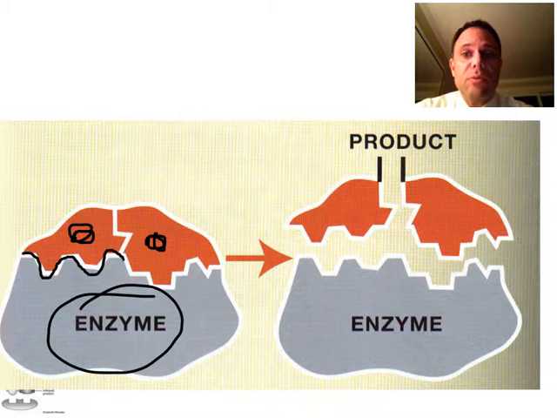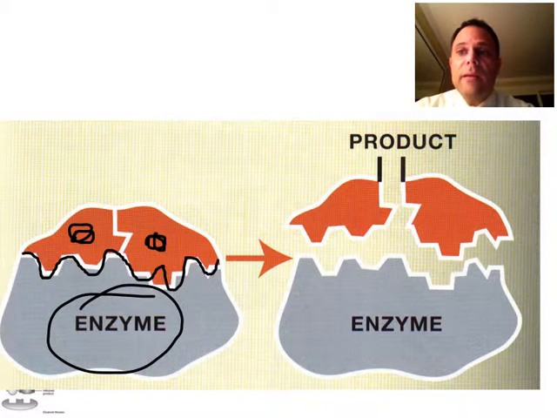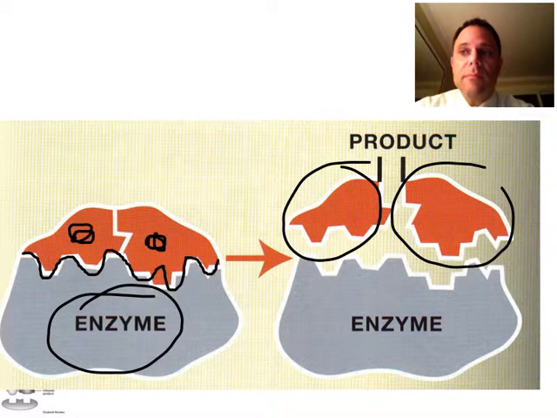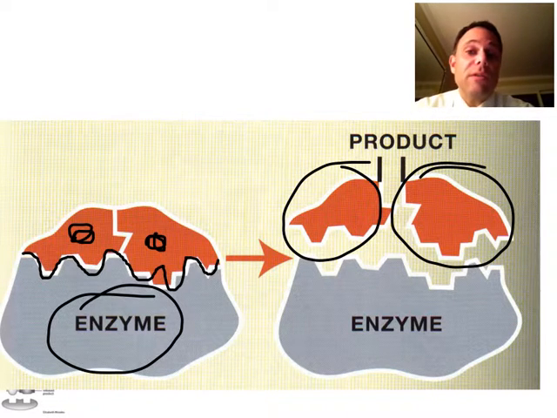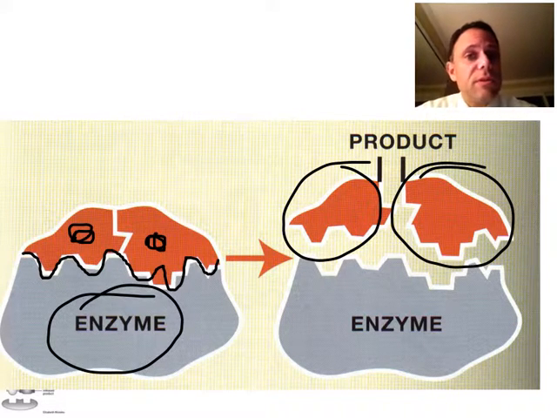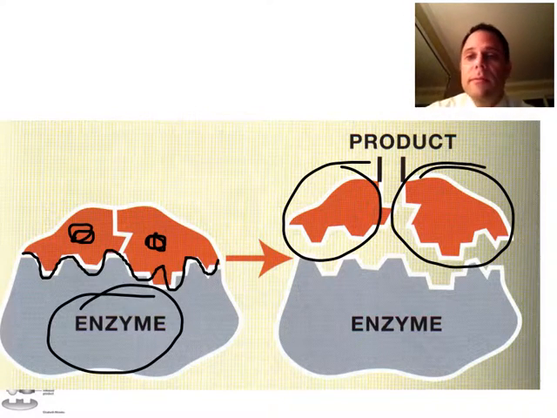Active site is right here. Now the enzyme does its work and it produces two products that were once part of the reactant, the substrate, and well, this is a decomposition or digestion. Enzyme is unaltered, wonderful thing.